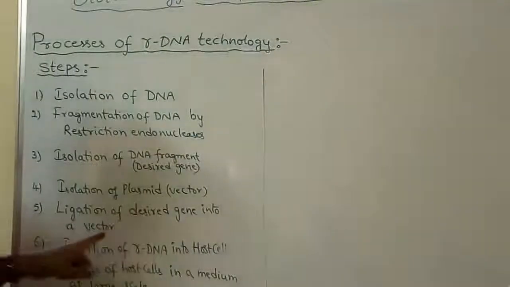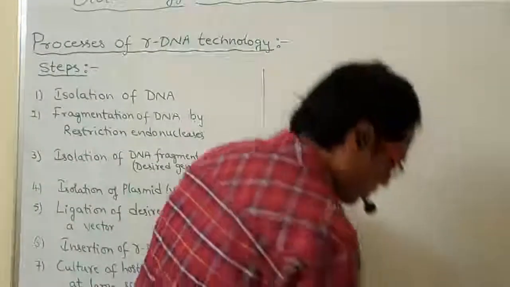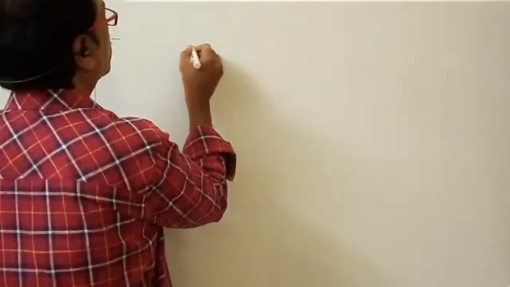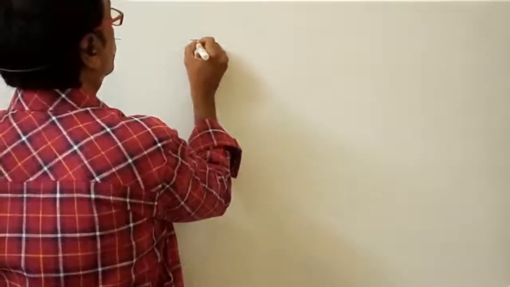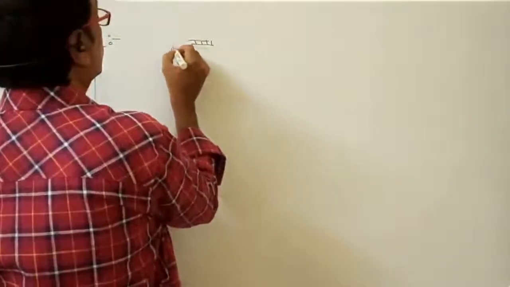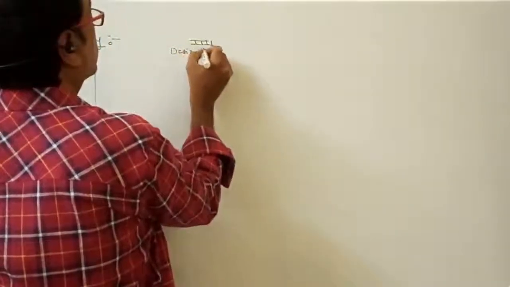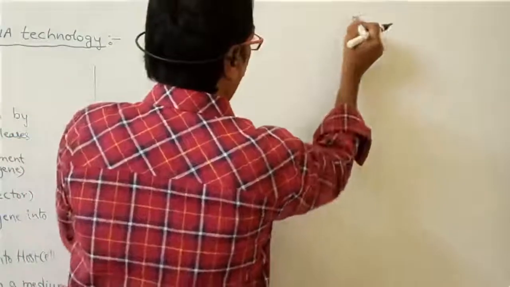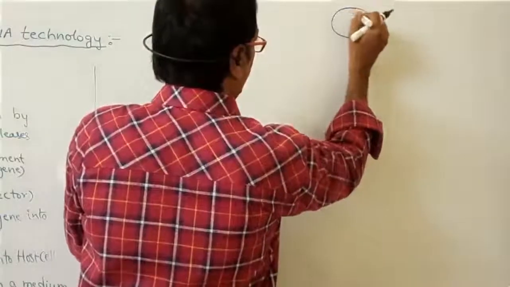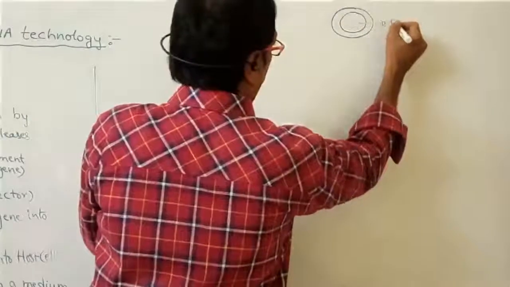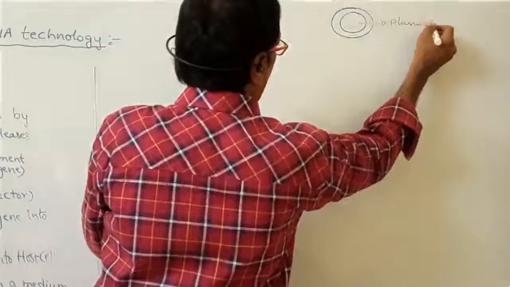Next step, ligation of desired gene into a vector. Look here, my dear students, this is the desired gene, and from this side we have isolated the plasmid. This is a plasmid.